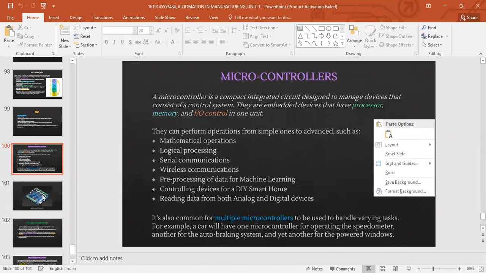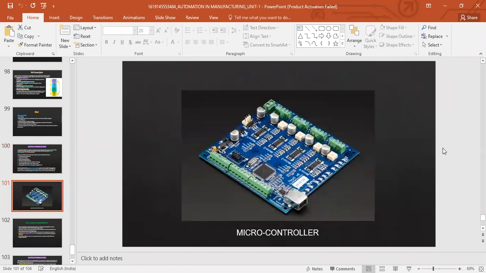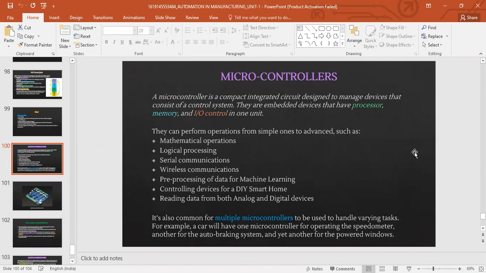You see here, that integrated circuit is designed to manage devices that consist of a control system, right? They have processor, memory, and input output control, just as you had in PLC. They can perform operations from simple ones to advanced.